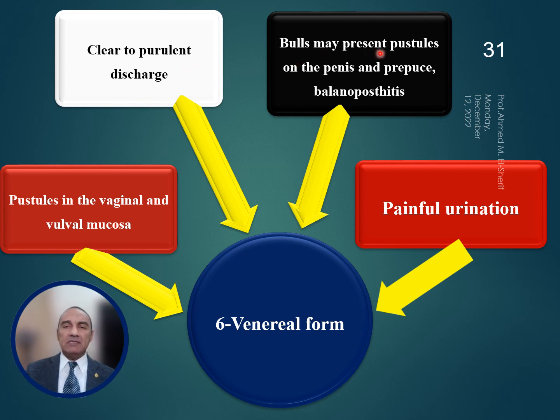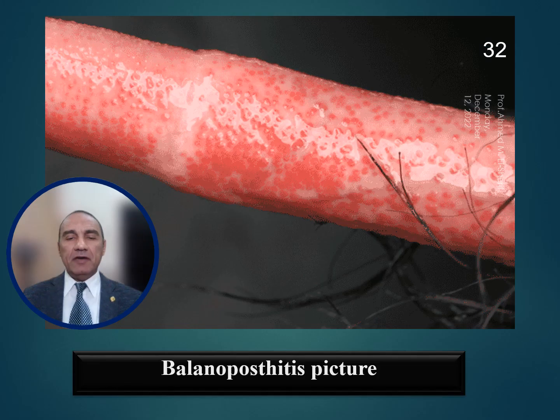Bulls may have pustules on the penis and the prepuce, balanoposthitis, and painful urination in both male and female animals infected with this form. A figure of the penis of a bull infected with bovine herpesvirus 1.3 subtype, showing balanoposthitis.